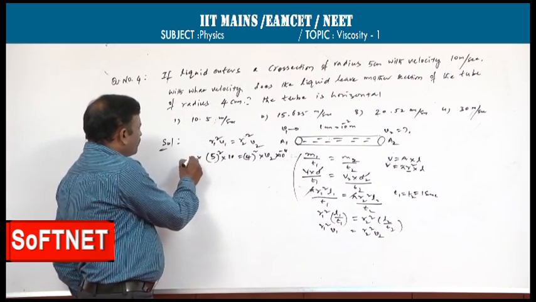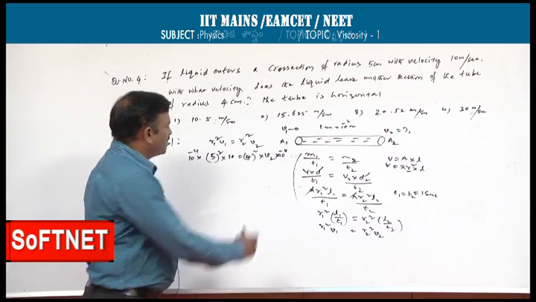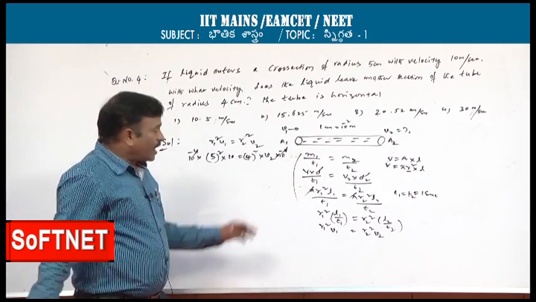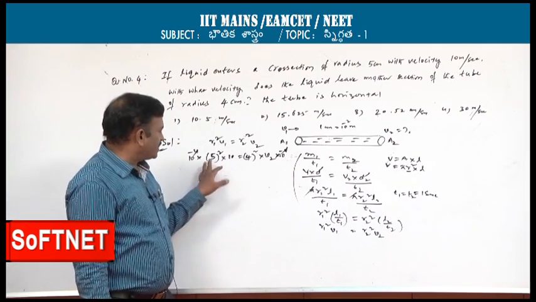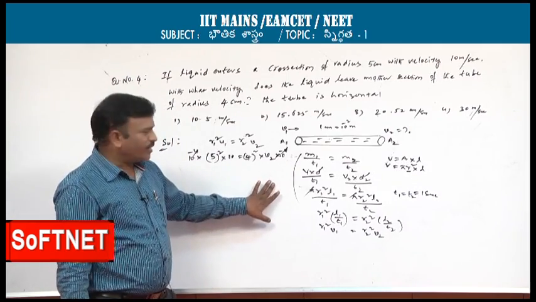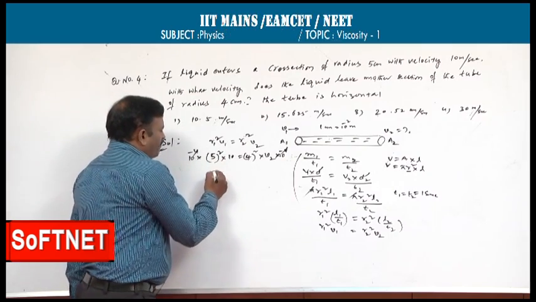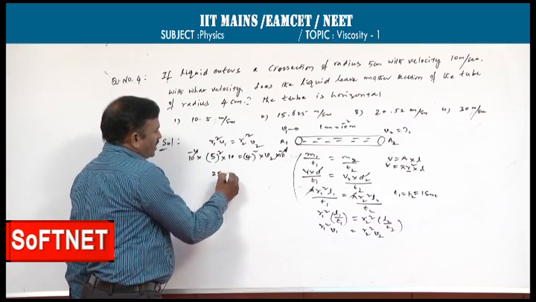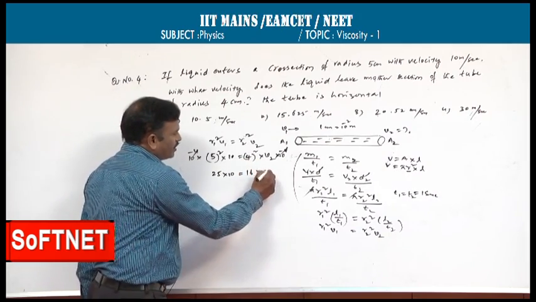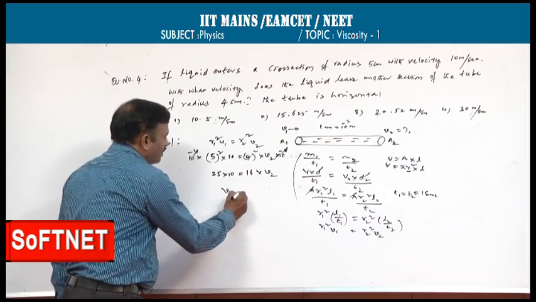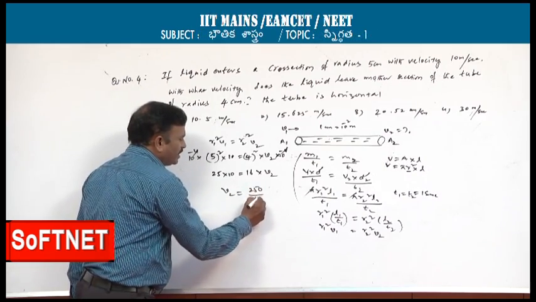Here also it will become 10 to the power of minus 4, which will get cancelled. So if it is equal on either side in an equation, with only two terms equated, there is no need to write the units. Here 5 square means 25, into 10, equals 4 square, 16, into V2. We need the V2 value, V2 is 250 by 16.